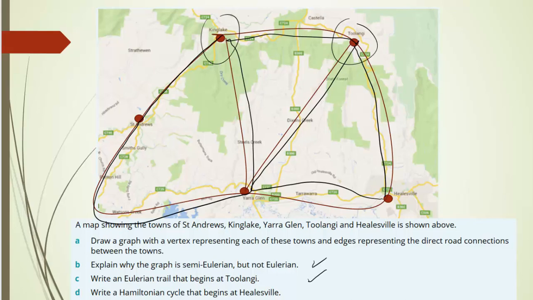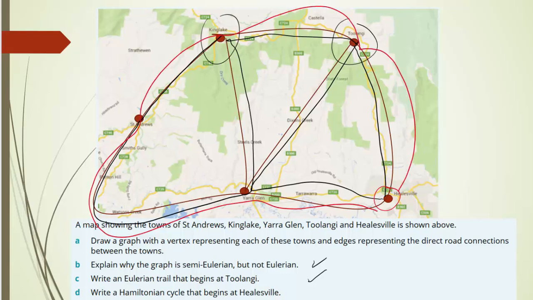That's that done. And a Hamiltonian cycle beginning at Healesville, which is here. Starting at Healesville, we've got to finish up at Healesville, we can just go around the outside. We've been to every town and got back where we started.